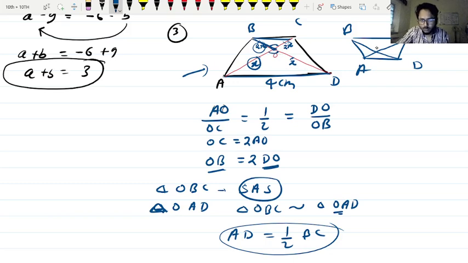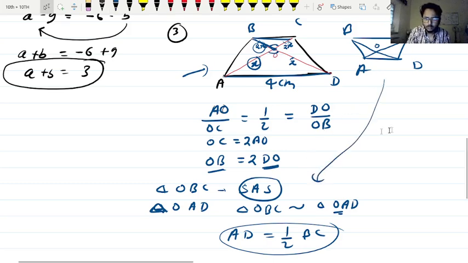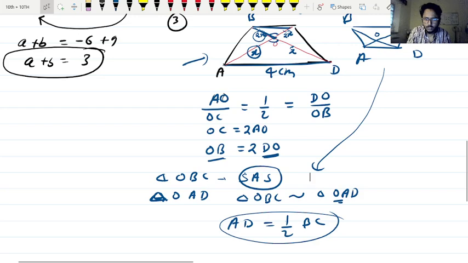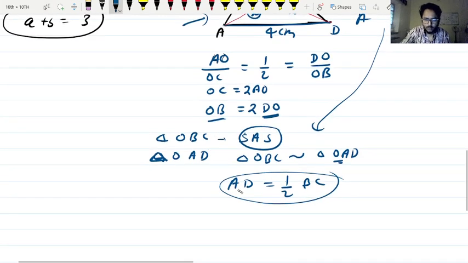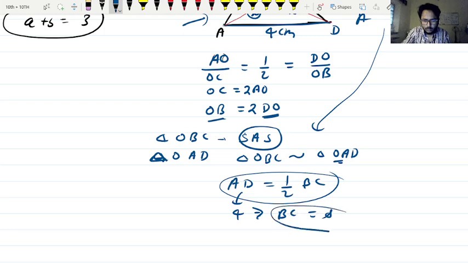So no matter what the diagram is, we have to understand which side is bigger and which is smaller. In the same way, AD equals 1/2 BC, because of the similarity property. AD equals 4, so BC equals 8. So this is the answer.